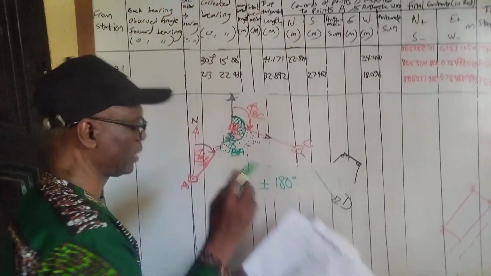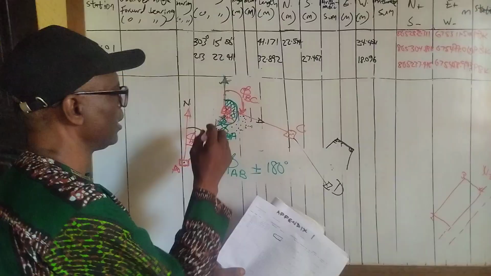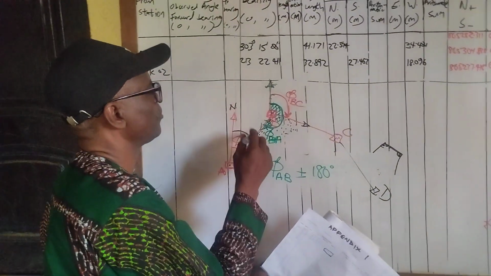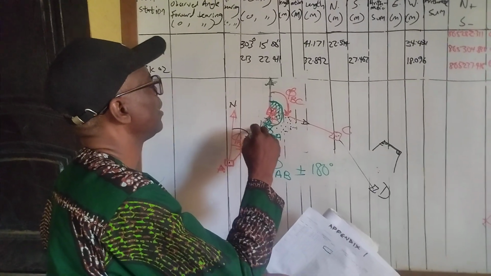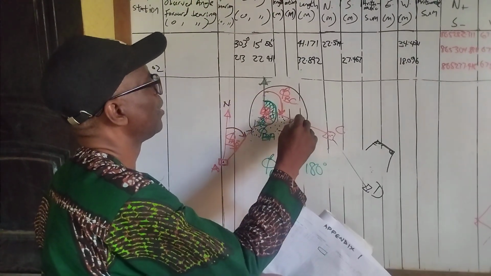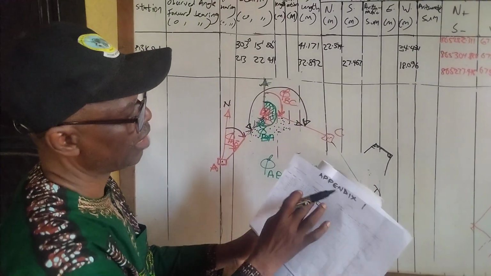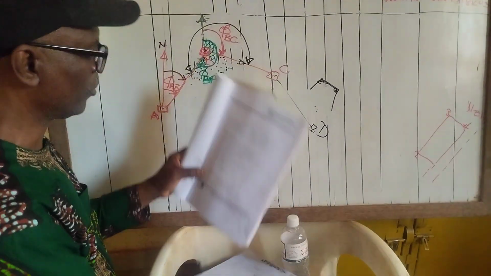So look at it this way. That clockwise external angle at point B is this. That's the one that you have from the field record.